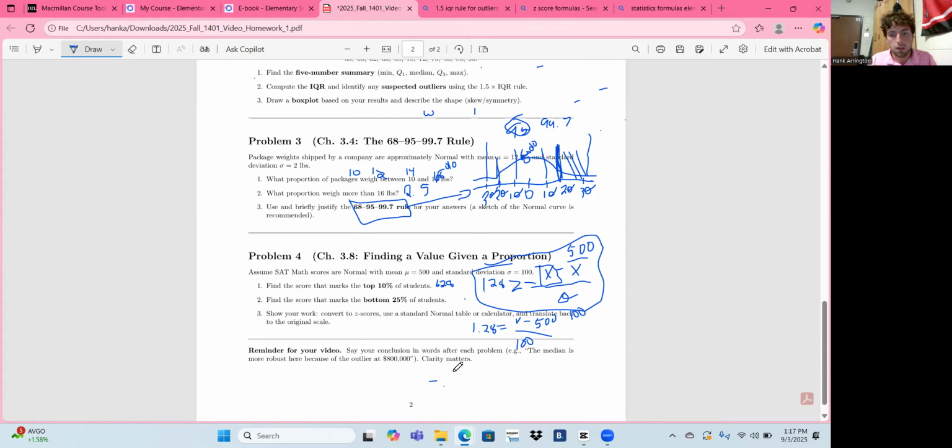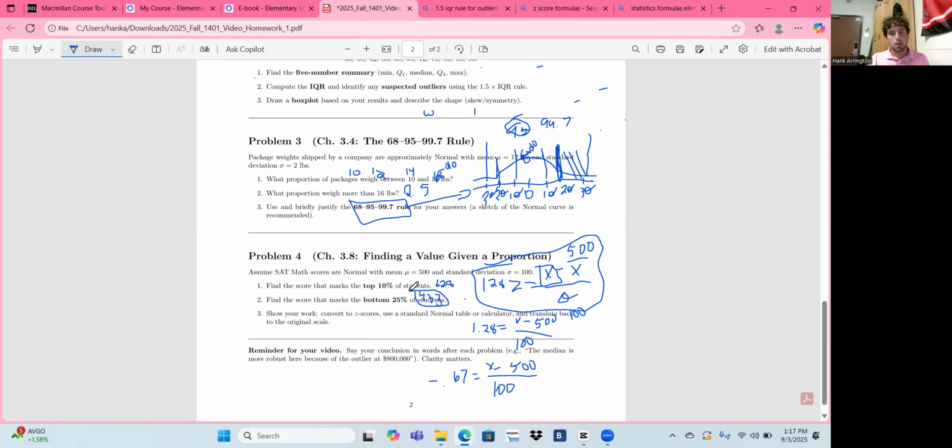So negative 0.67 is equal to x minus 500 all over 100. And with the same simple algebra, 100 times negative 0.67 plus 500 gives us a score of 433 that marks the bottom 25%.